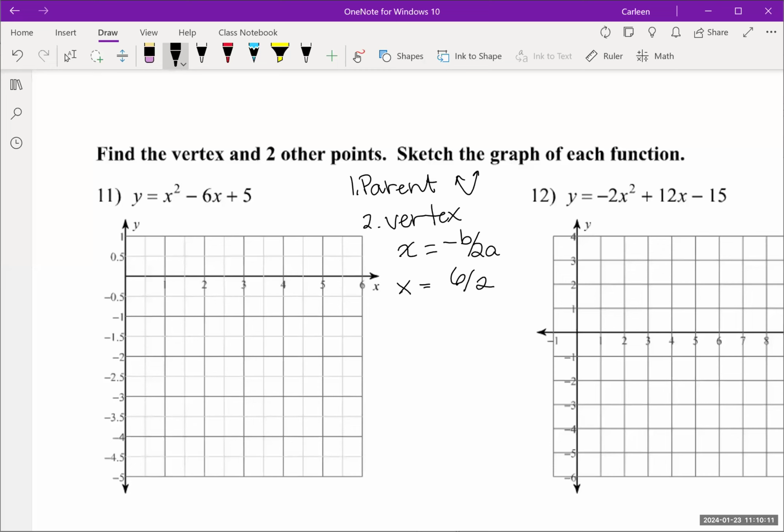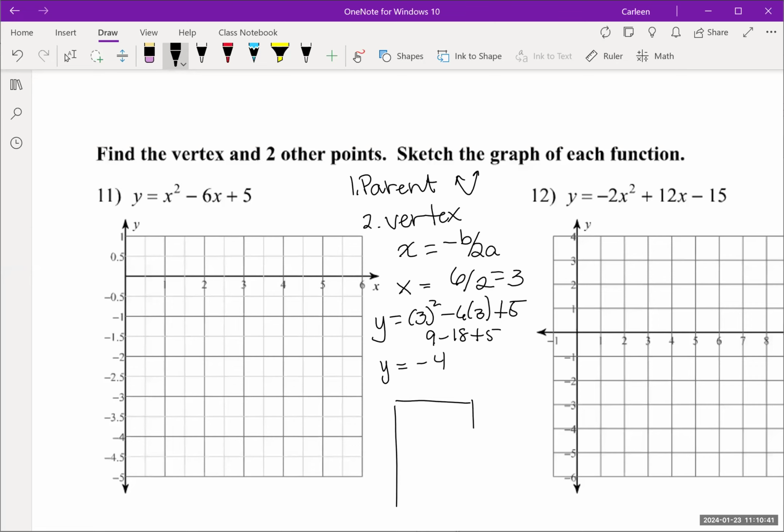So the X value is 3. If I know the X value is 3, I'm going to plug it in to get the Y value. Nine minus 18 plus 5 is -4.